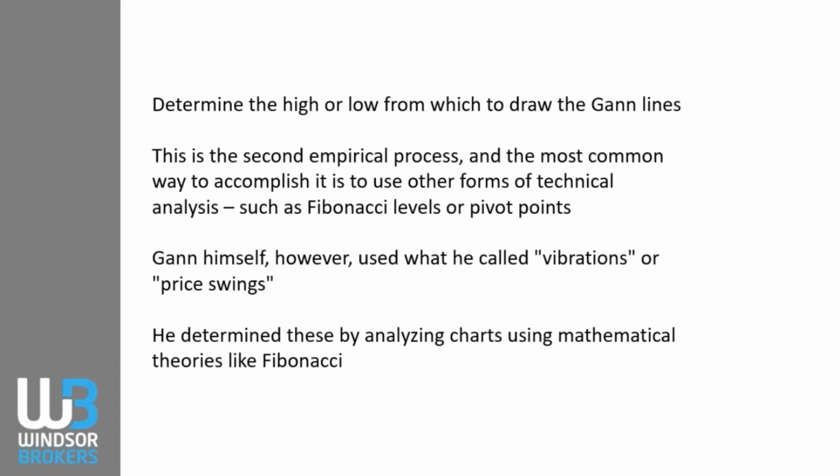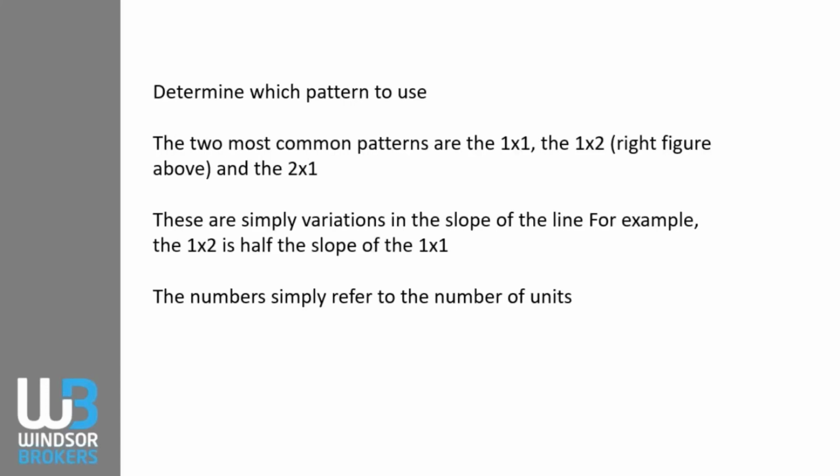We can also use other technical analysis tools, Fibonacci levels or pivot points, to make the study more accurate. Gann determined these by analyzing charts using mathematical theories like Fibonacci, so everything should be included. And now determine which pattern to use, so you can choose the lines as they are placed in the chart. As I mentioned, the two most common lines are 1 to 1 and 1 to 2.